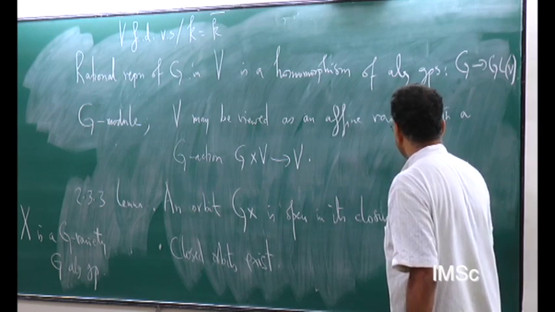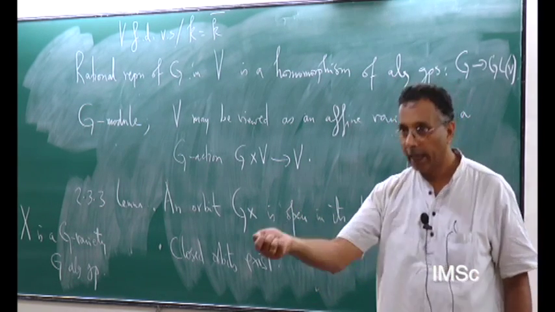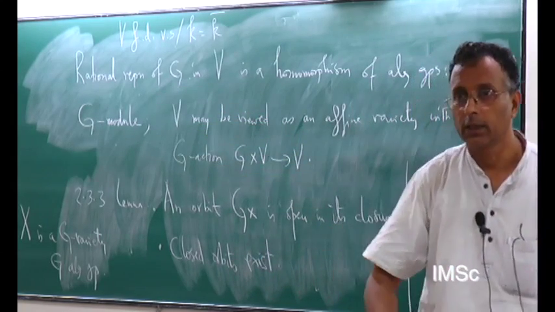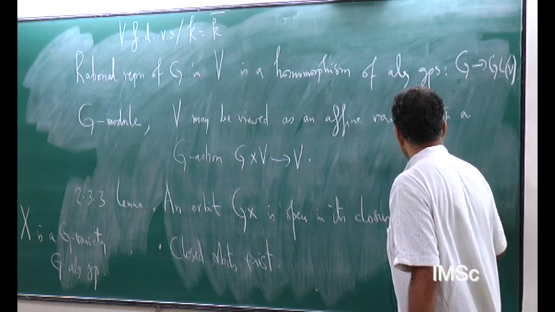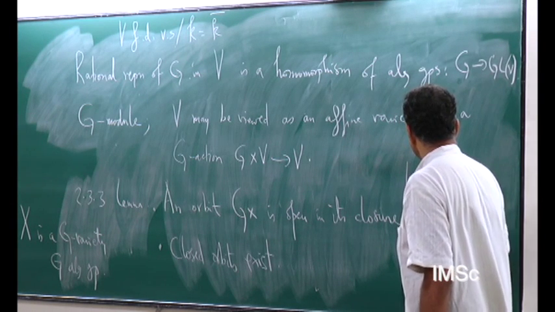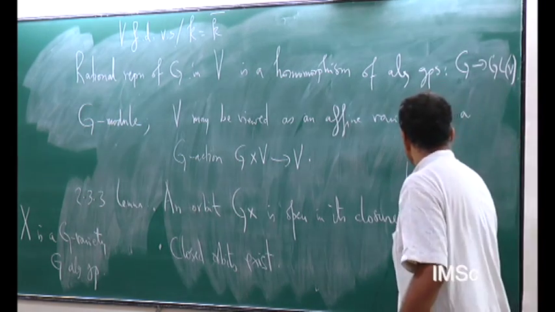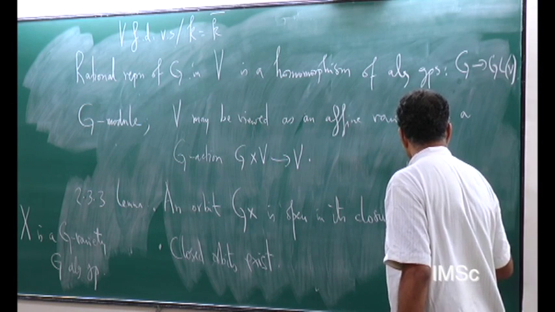What is an orbit? It is just take an x and see where all it is taken by elements of G, right? So once I fix that x, I get a map from G to X by g going to gx. That's the image, so Gx is equal to the image of the above map.